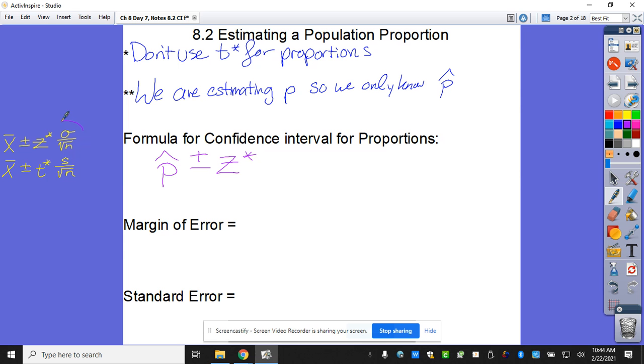And here, these were both trying to find the standard deviation of our population. So what is standard deviation when we're dealing with proportions? This is sigma of x bar. So what is sigma of p hat?